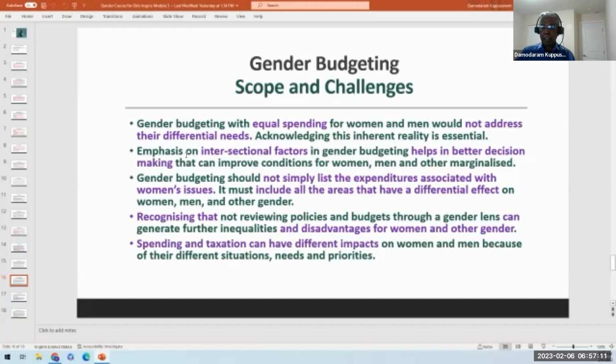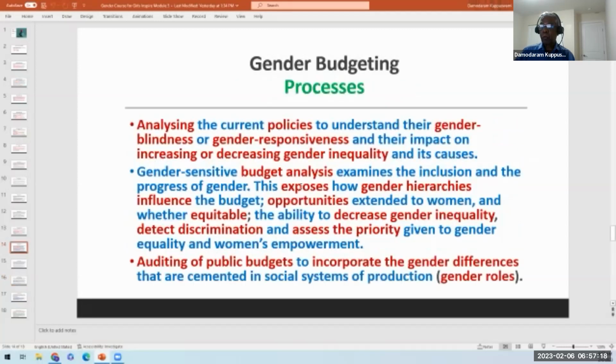So I think from my side, let's look at the reflection on gender budgeting. So we looked at the purpose.